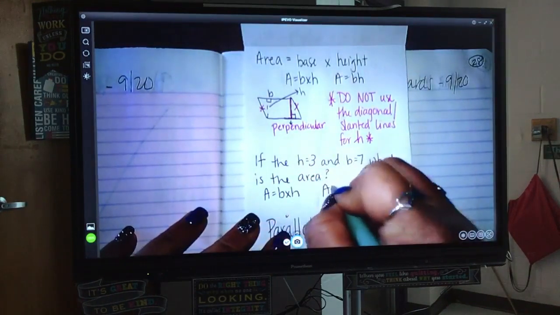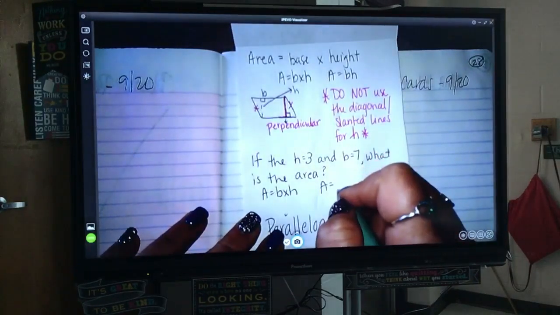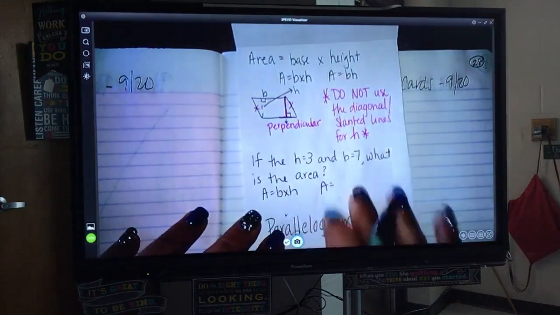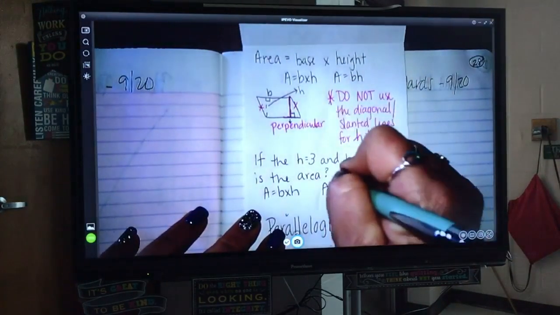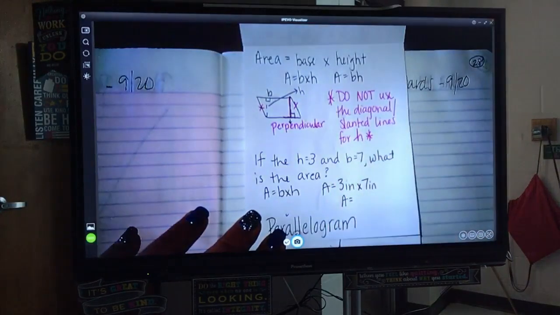So Mason, give me the numbers that I'm going to be throwing in there. 3 and 7, yes. So 3 inches times 7 inches is going to give me what, Mason? 21. You said 21 what? Inches cubed. How many numbers did you multiply? How many?